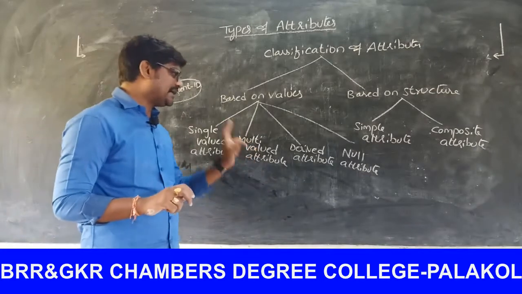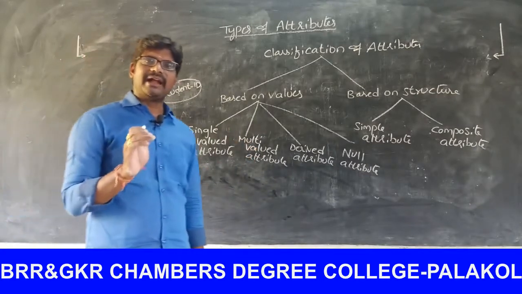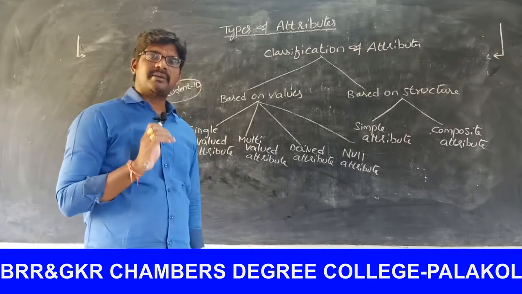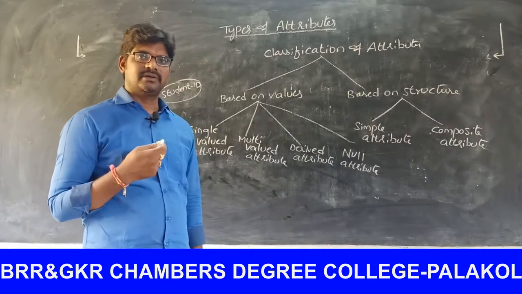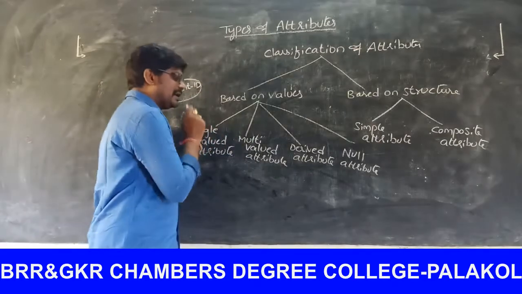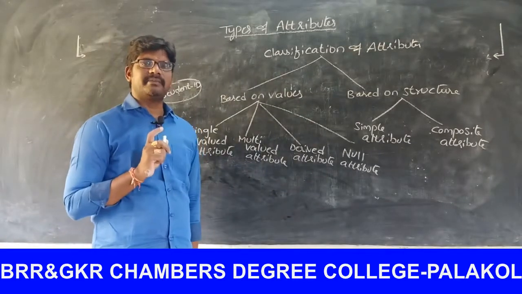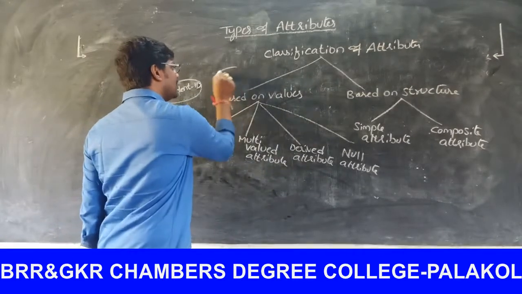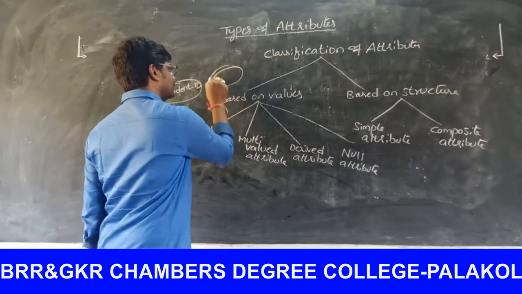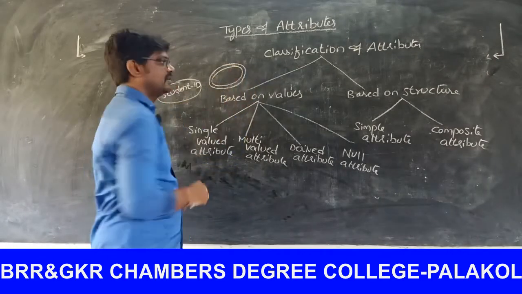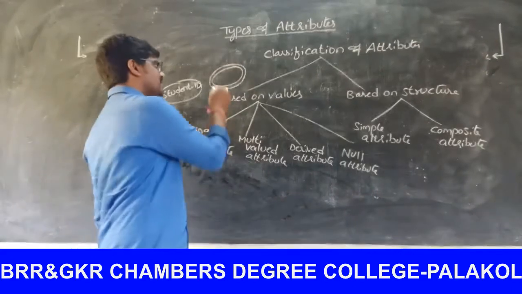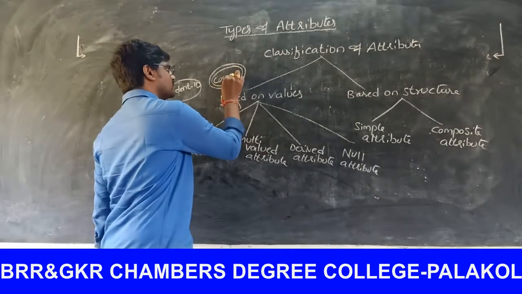Next one, multi-valued attribute: an attribute that takes multiple values. The multi-valued attribute can be represented by the double ellipse symbol. For example, course.